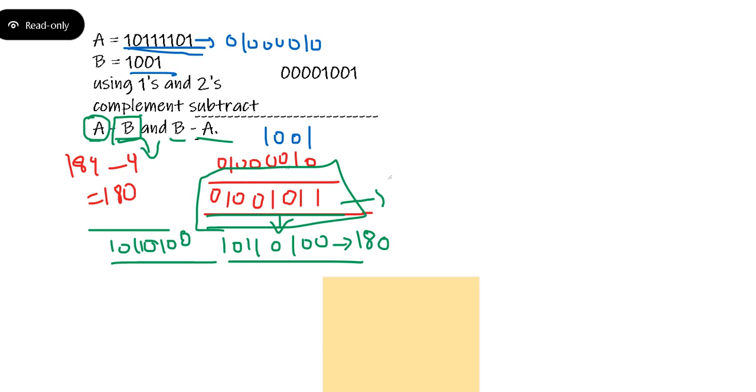Oh, sir, I had a doubt. Yeah, tell me. When we do B minus A, don't we get a negative sign? Yes, you will get the negative sign. When you do B minus A, basically it is negative. Obviously, 9 minus 189 is minus 180.